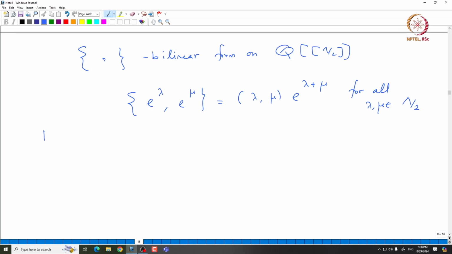Now one can compute the following. Here is an exercise, maybe I will do it. Here is the lemma.